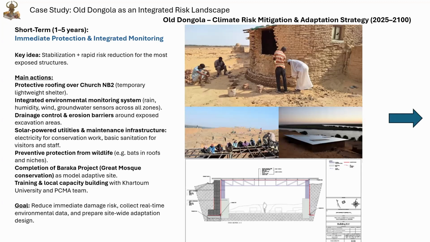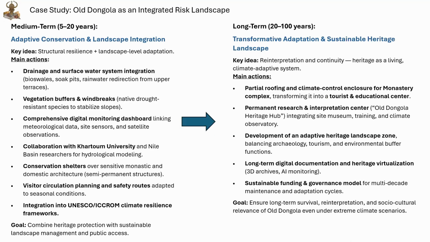And here you have a climate risk mitigation and adaptation strategy for Old Dongola, where firstly we can think about the short term. This is immediate protection and monitoring, and the goal is to reduce immediate damage risk, collect real-time environmental data, and prepare a site-wide adaptation design. But as conservators, architects, and archaeologists, we also need to think about what will be later.